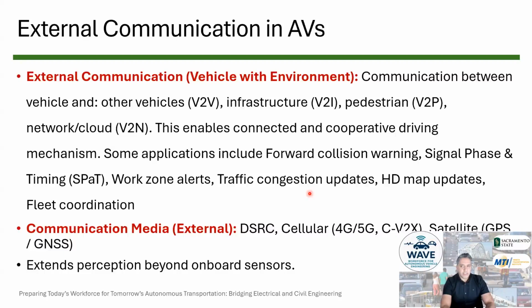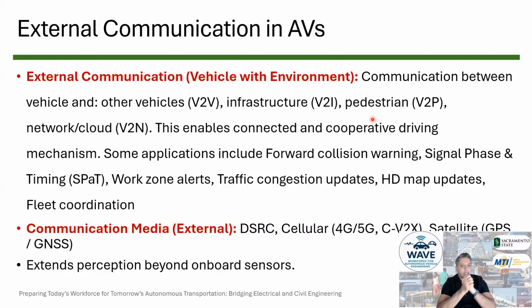External communication in an AV is the communication between the vehicle and other vehicles, called V2V. Between vehicle and infrastructure, it is called V2I. Between vehicle and pedestrian, it is V2P, and between vehicle and network or cloud, it is V2N.